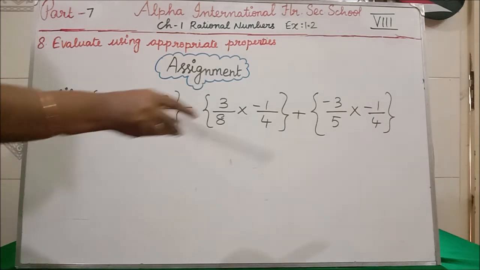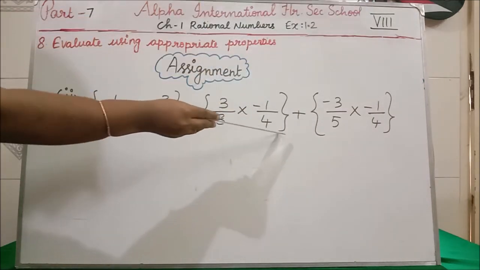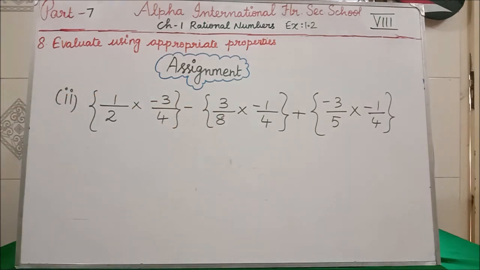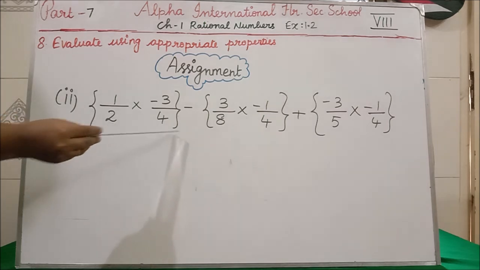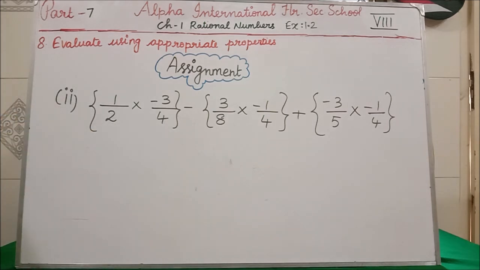After writing this bracket, put minus, and you write this. Clear? Then after writing this, put plus. Then write this. Clear? Then from the first two terms, you are going to take minus 1 by 4 commonly out. Which property are we using here? Here we are using the distributive property.